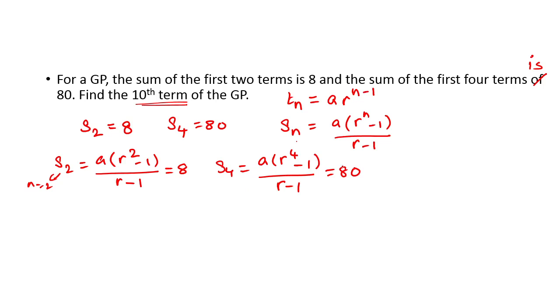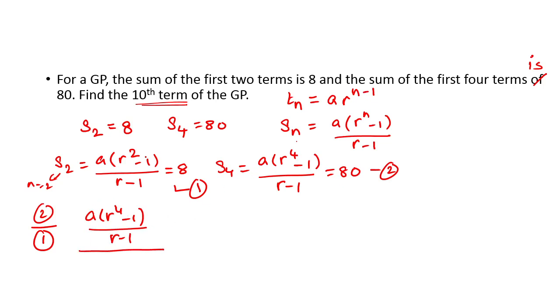What we can do is divide these equations. This is equation 2, this is equation 1. So I'll divide equation 2 by 1, so that I'll have a into r raised to 4 minus 1 divided by r minus 1, which is S4, the left hand side of the second equation, divided by the left hand side of the first equation, a into r square minus 1 upon r minus 1.